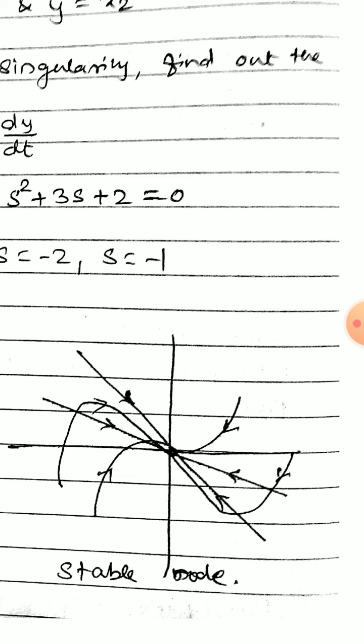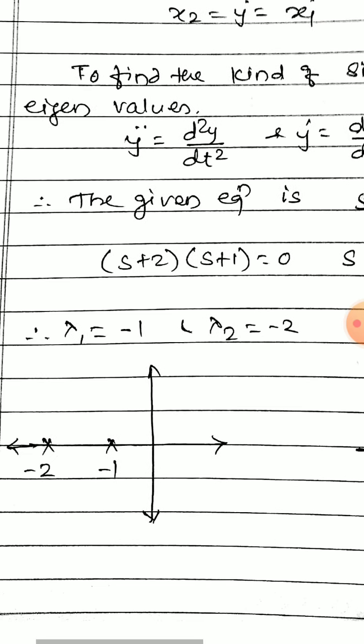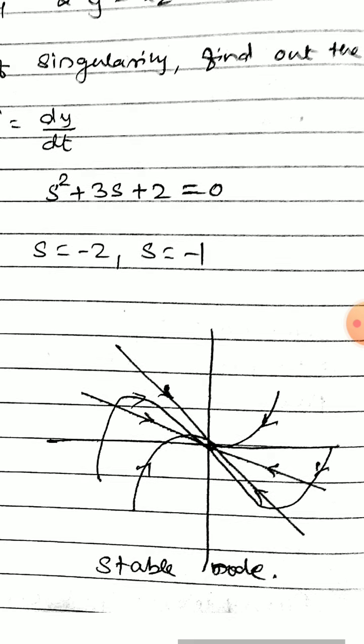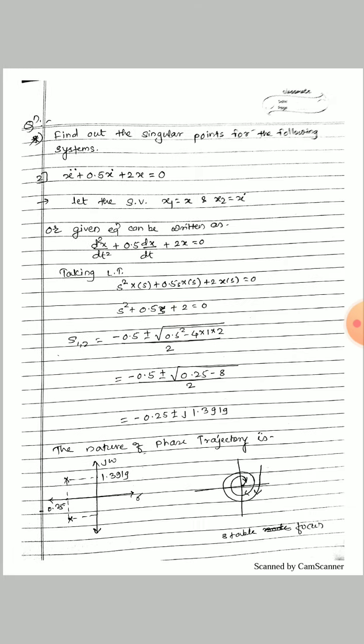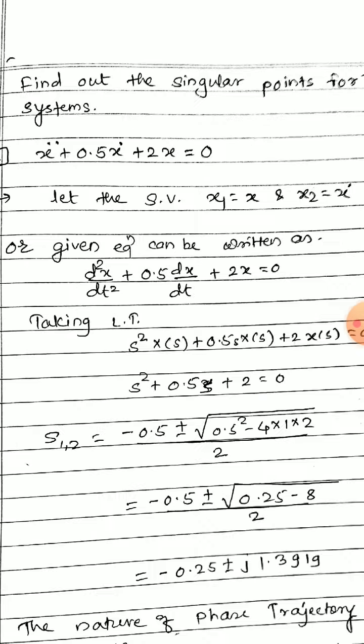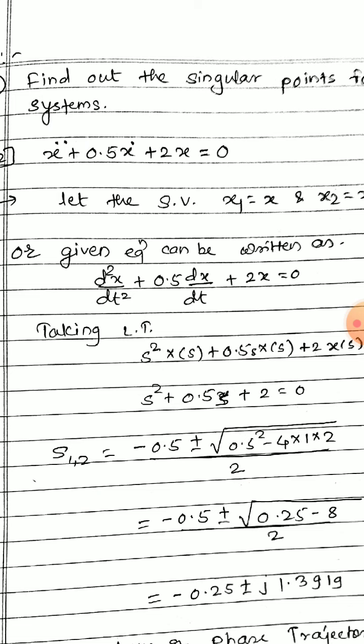So remember, first we have to locate the eigenvalues in the s plane. Depending on that, find the singular point, and according to that we draw the phase portrait. That is the procedure by which we can find the singularity.